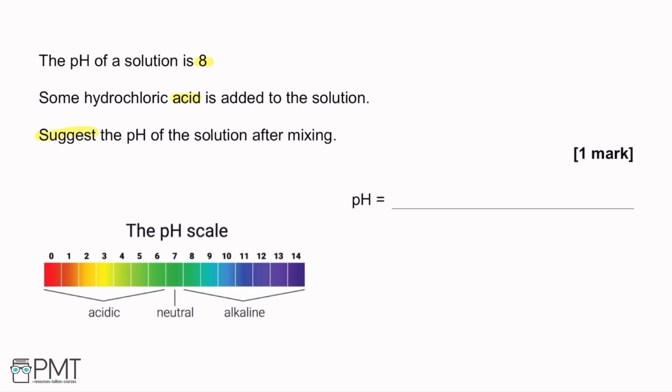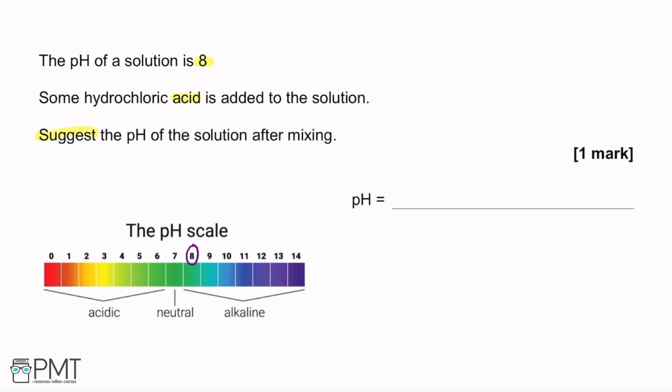So I've just shown the pH scale here at the bottom of the screen, and hopefully we can see that 8 is here. Okay, it's just above 7, which is the neutral pH, so we could say that it's a weak alkaline. Now, it says in the question that some hydrochloric acid is added to the solution.